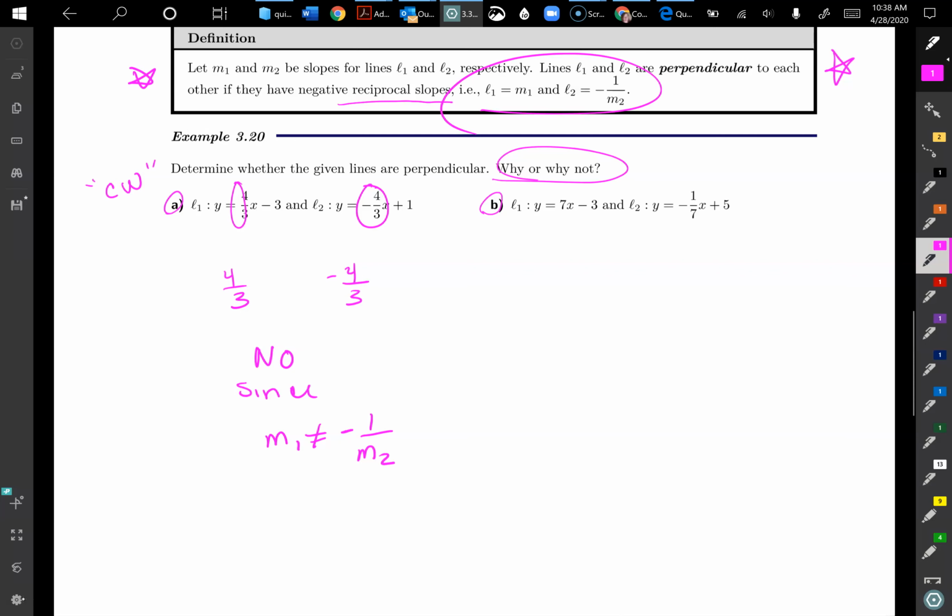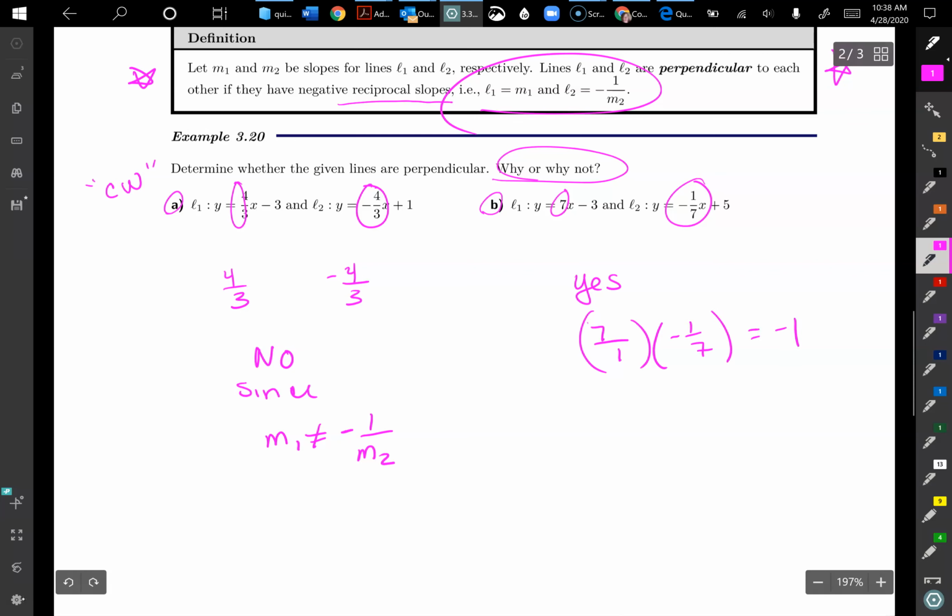Now we can look at the slopes of B. We have 7 and we have -1/7, and yes, if I multiplied them together or looked at my little rule up there, it works. So therefore m sub 1 equals -1/m sub 2.